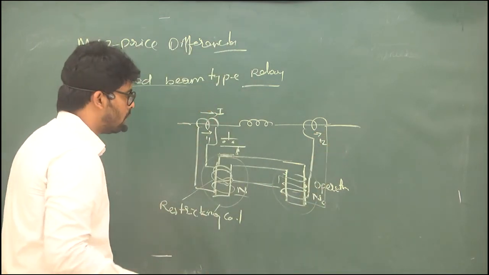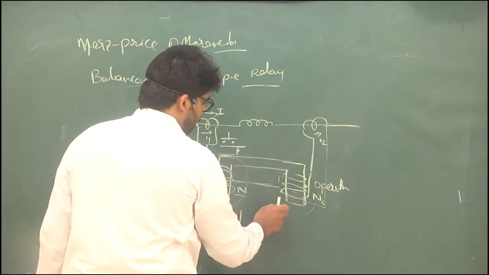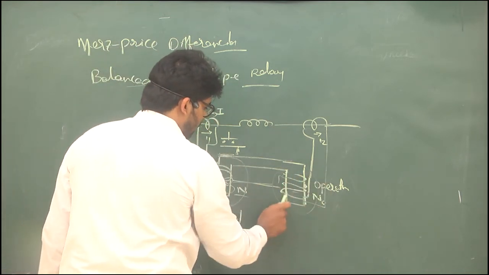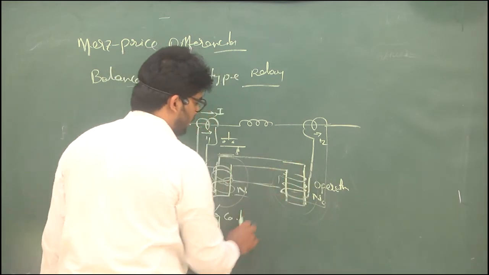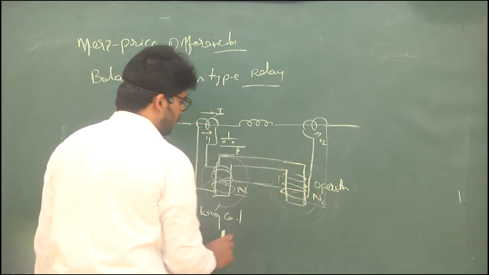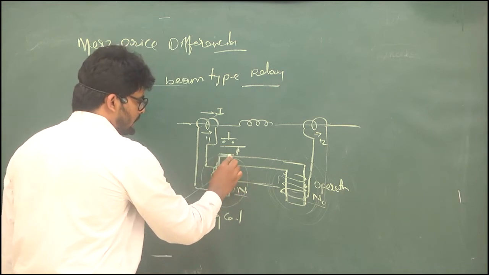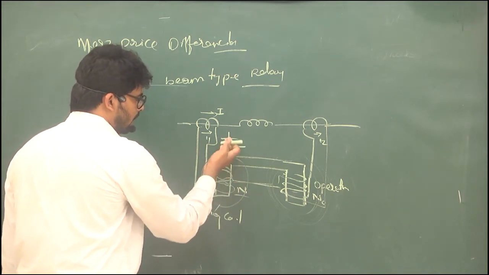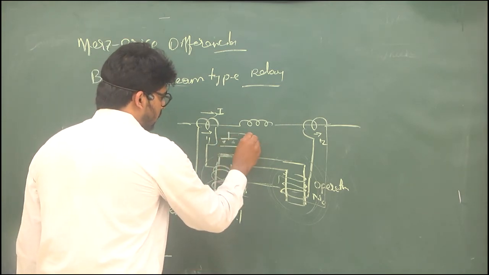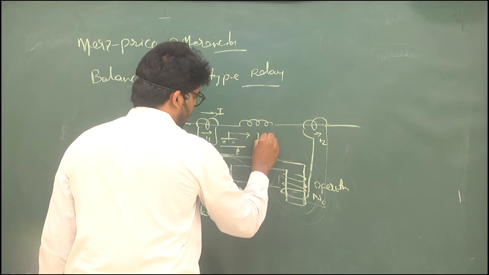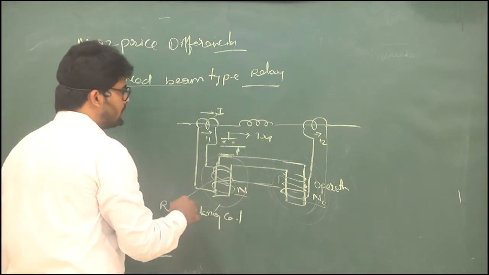When a fault occurs, the operating force will be greater. If the operating force is greater, the core section will make contact with the breaker contacts and give a signal to the trip circuit. So this is the balanced beam type.